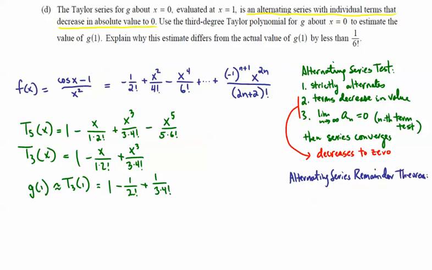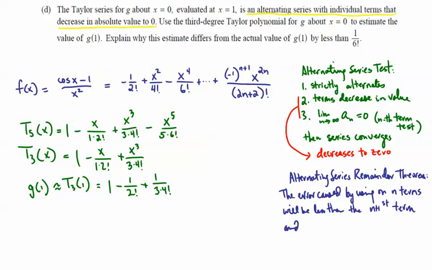And it says this: the error caused by using only n terms will be less than the n plus first term and have the same sign as the n plus first term.